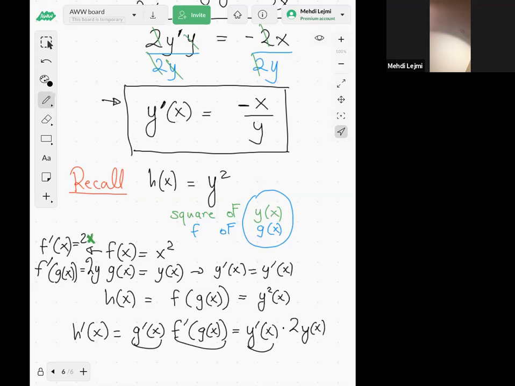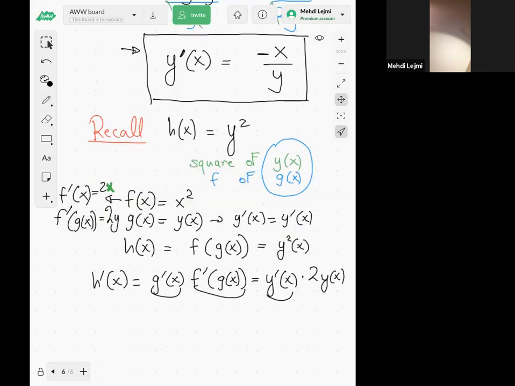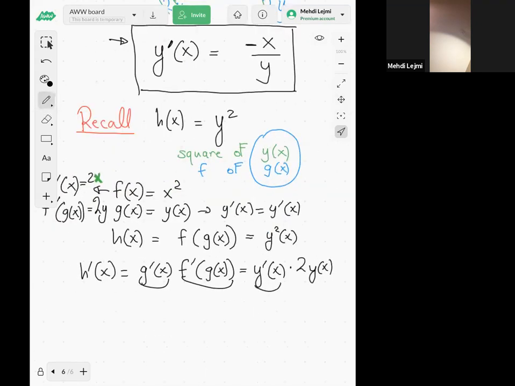So you see, h prime is 2 times y prime times y, right? So the derivative of y squared is 2 y prime y, and that's exactly our answer.